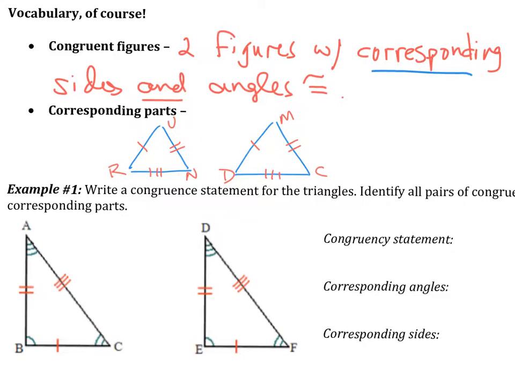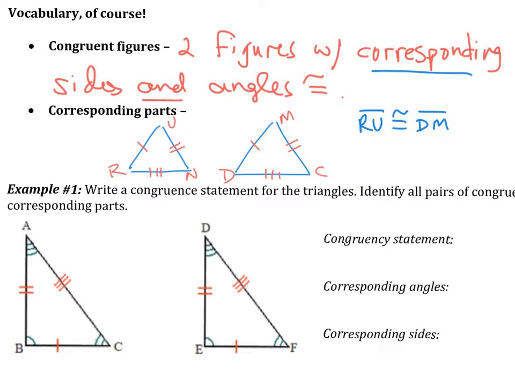If I were to ask, RU is congruent to blank. Philip. DM. Do you agree with that? All right, so RU corresponds to DM in the other triangle because they are the congruent parts. That's what we mean by corresponding, and we're going to be specific and say corresponding congruent parts.